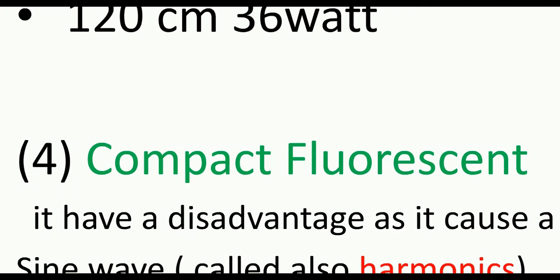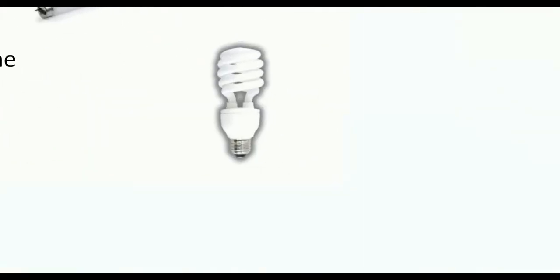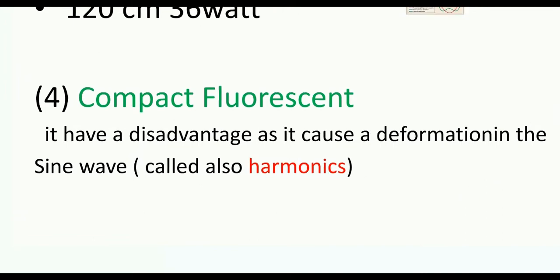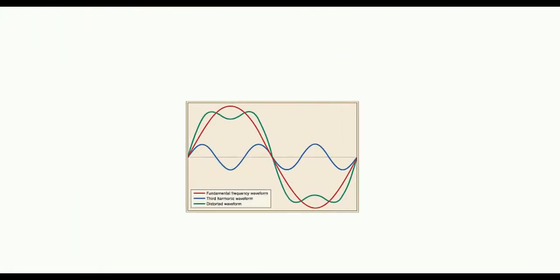The fourth one is the compact fluorescent lamp, and this is the compact fluorescent lamp. But the compact fluorescent lamp has a disadvantage as it makes a deformation of the sine wave. Our source sine wave will be in this shape like this red one, but it will make a deformation or distortion to this sine wave.